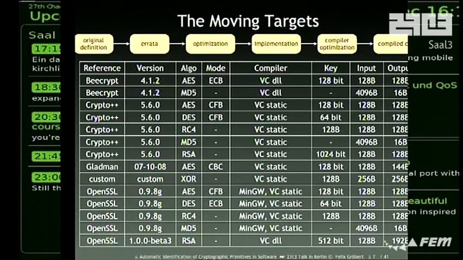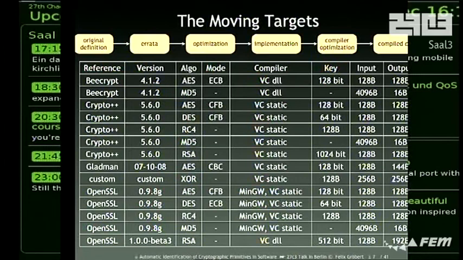Then you have optimization on the source code level, which gets us to the final implementation, which is again optimized depending on the compiler and compiler options into the final x86 compiled code.